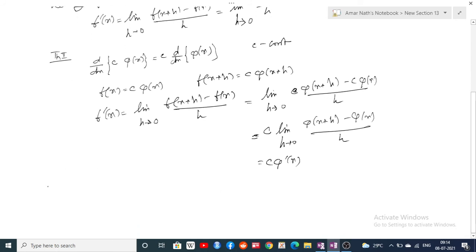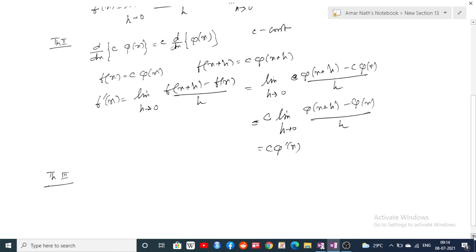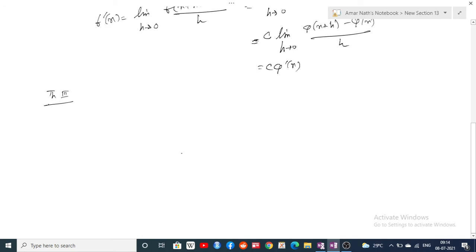Now theorem 3. The differential coefficient of the sum or difference of two functions is the sum or difference of their derivatives. That means d/dx of phi(x) plus or minus psi(x) equals d/dx of phi(x) plus or minus d/dx of psi(x).